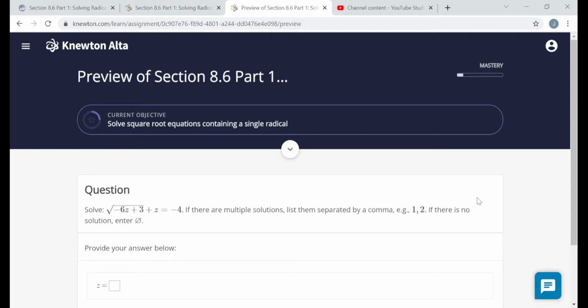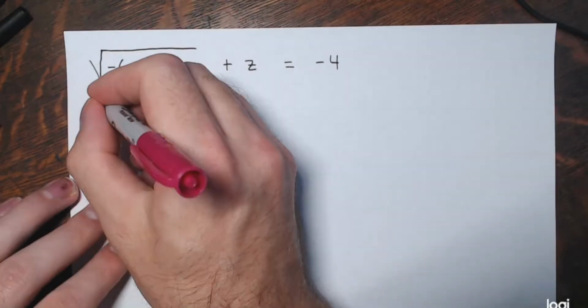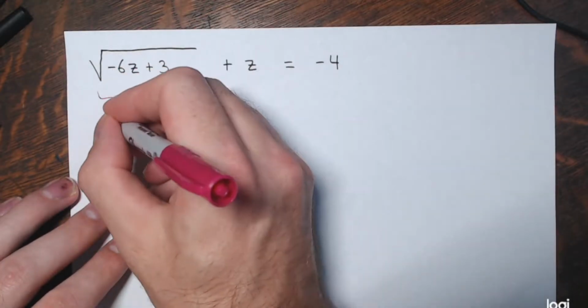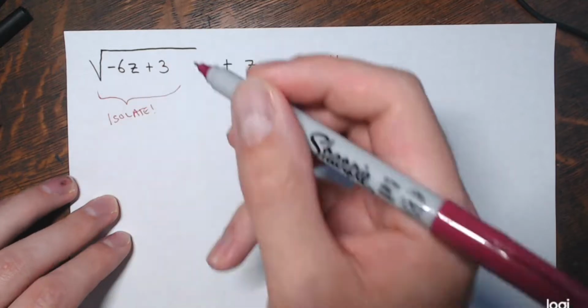So here's another one. Solve square root equations containing a single radical. This time the radical isn't isolated already, so I need to do something real quick, but it's easy enough. Remember what I said, we want to get this radical alone, isolate it.